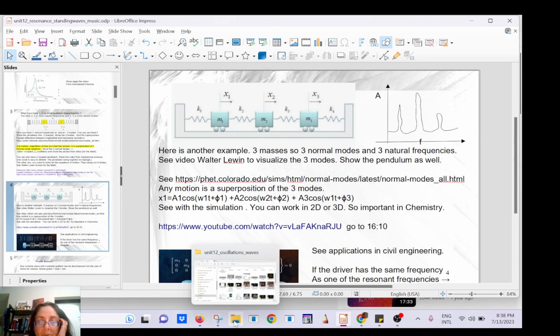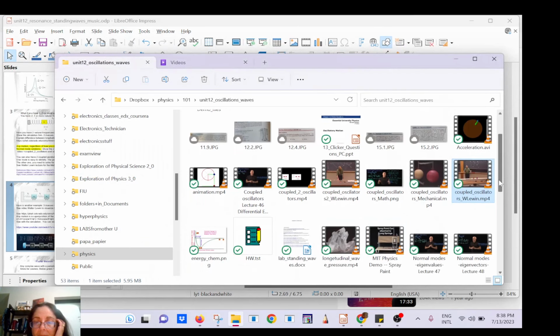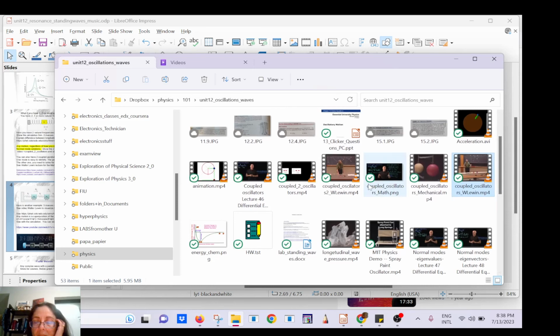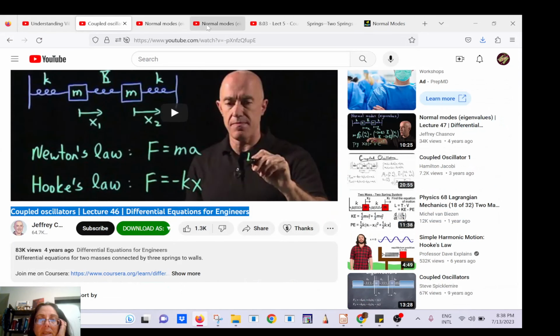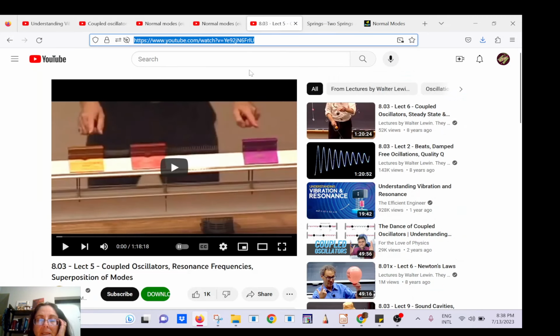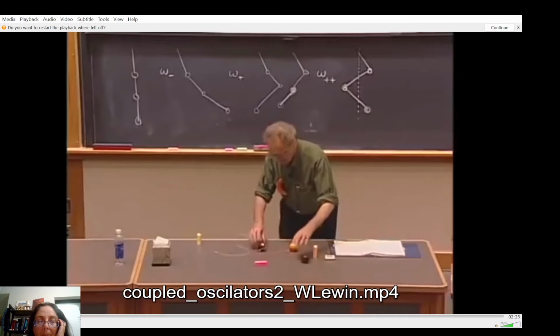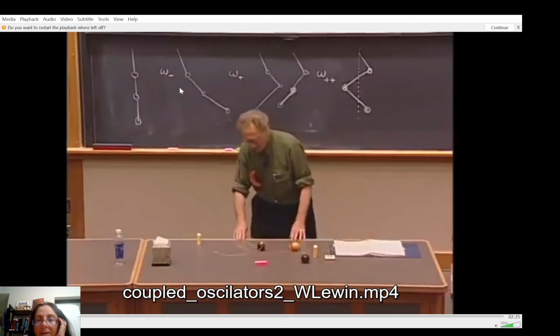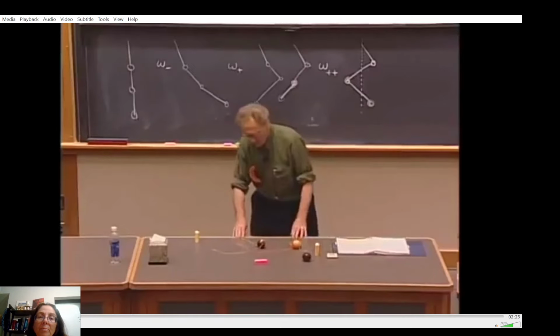So there was, from the same video, a great demonstration at the end. Resonances. And you can also find the normal modes if you have a pendulum, right?